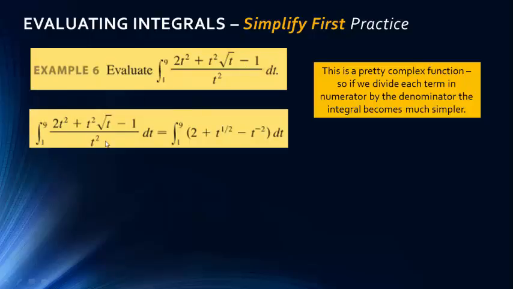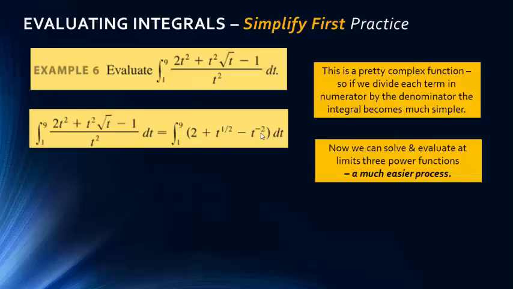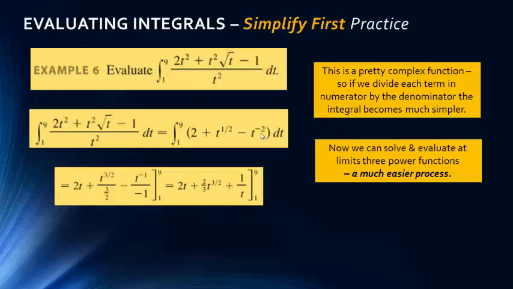Right? 2t squared over t squared gives us 2. T squared times the square root of t over t squared gives us the square root of t, or t to the 1/2, minus 1 over t squared, or minus t to the negative 2. So now we have a simple power rule, we have a constant rule, etc. So this is a much easier antiderivative to find.